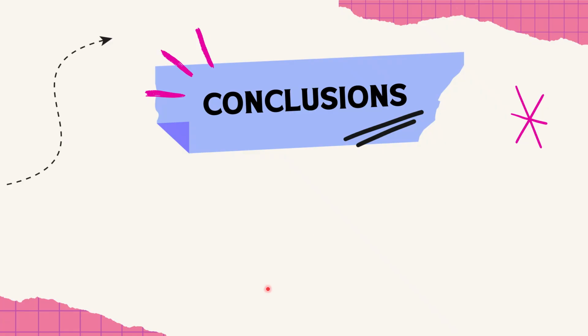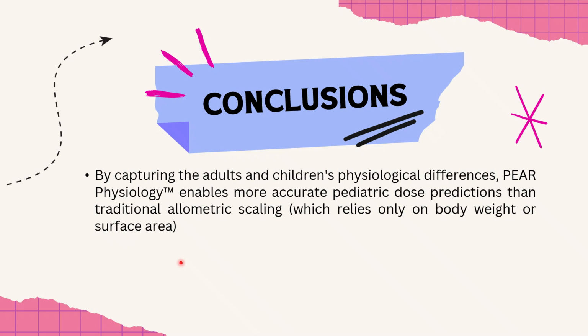Let's talk about the key takeaways from this PBPK-based pediatric translational method. By accounting for adult and children's physiological differences, the physiology-based approach improves pediatric dose prediction beyond the traditional allometric scaling that particularly relies on either body weight or surface area.